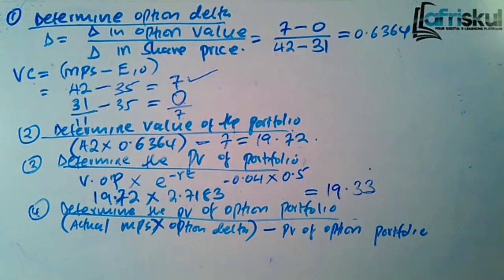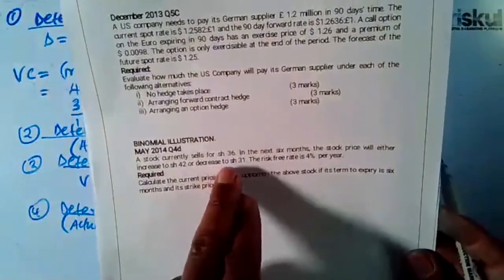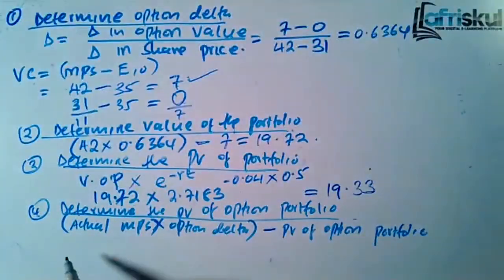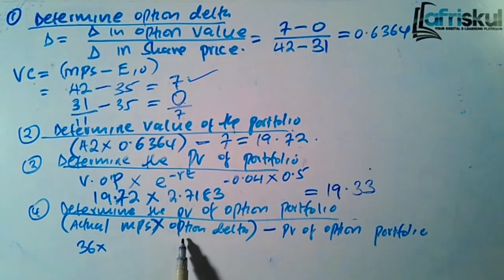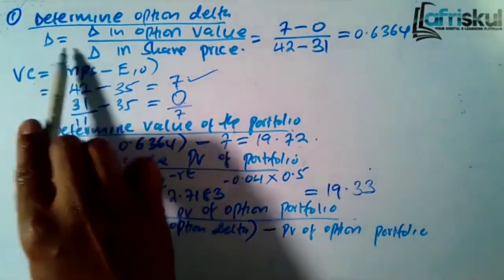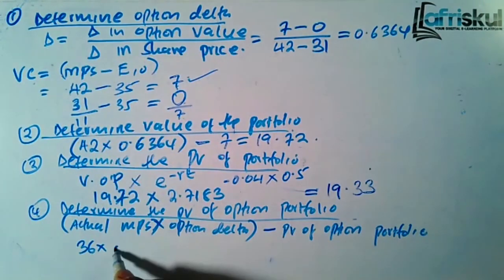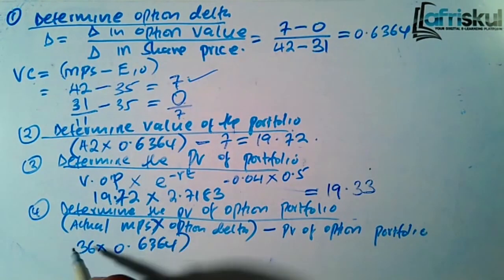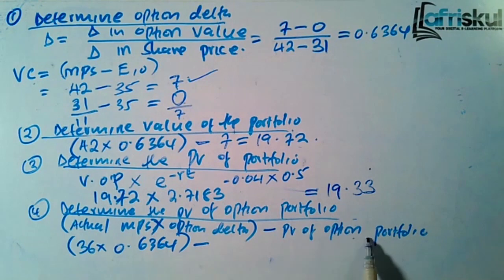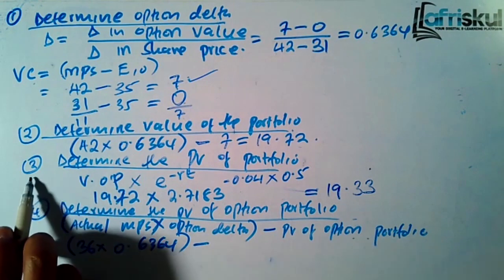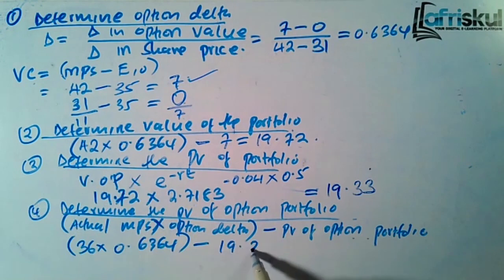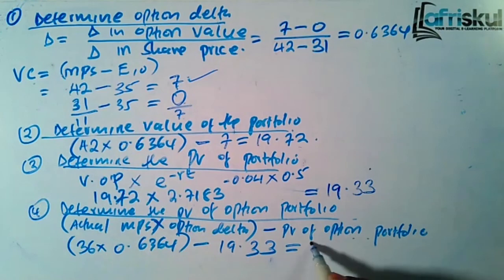The actual market price from the question: we have been told that a stock is currently selling for 36. So you take 36, multiply by the option delta we got in step number 1, which was 0.6364. Then you minus the present value of the portfolio we got in step number 3, which was 19.33. And by doing so, you'll be getting a value of 3.58.